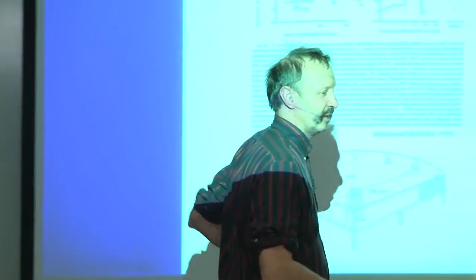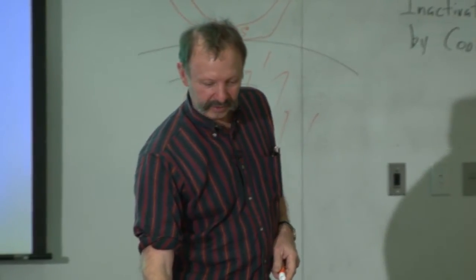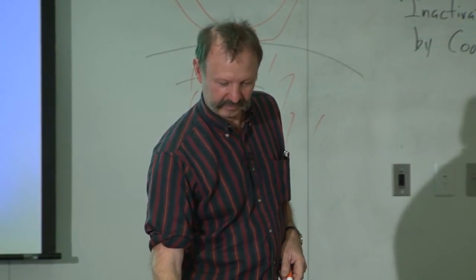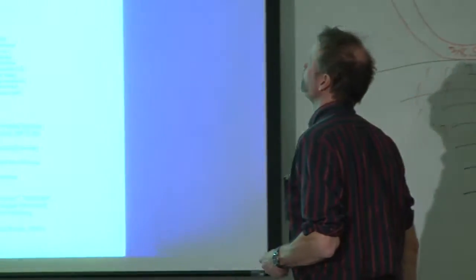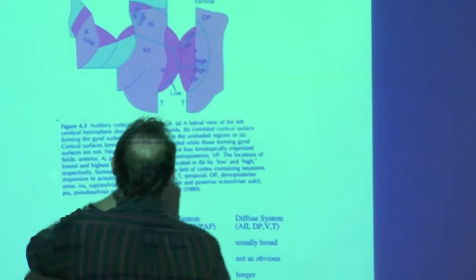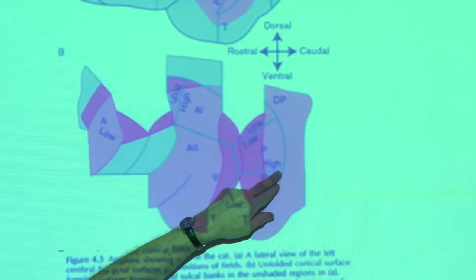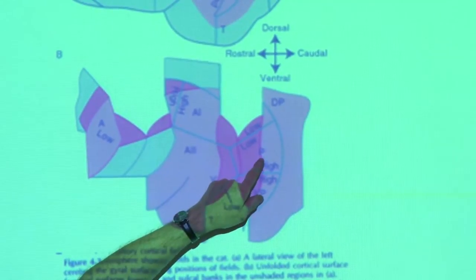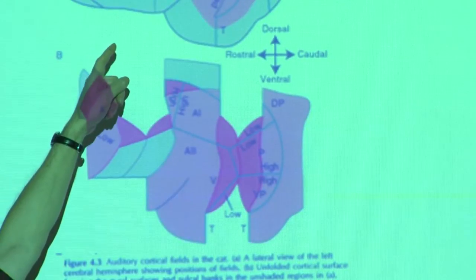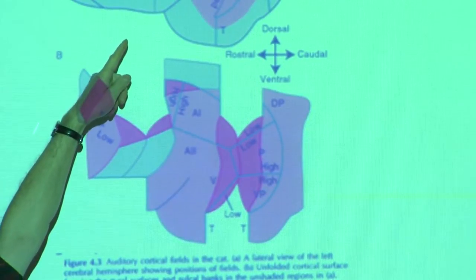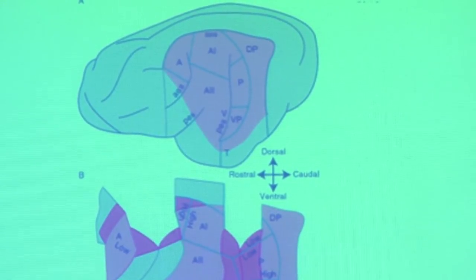However, they have also come up with an interesting result in that if you cool some other fields, you also change sound localization behavior. Field PAF, when cooled, also interrupts sound localization behavior, and that's posterior to A1. And a small field that's not named, but is right on top of the anterior ectosylvian sulcus, the AES.